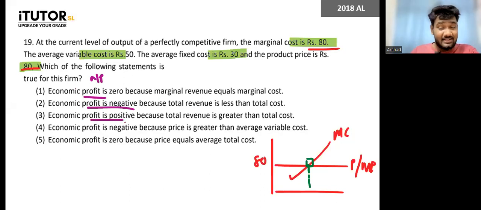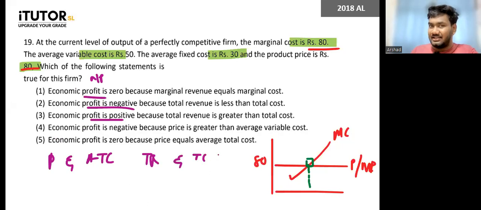How are you going to figure out that? For that, you need to check price and average total cost, or in other words, total revenue and total cost. Not average variable, total.